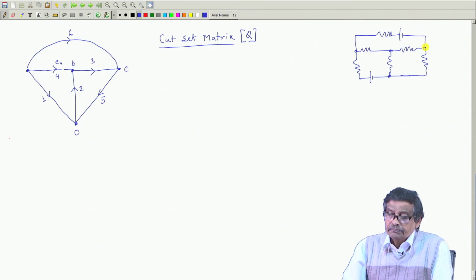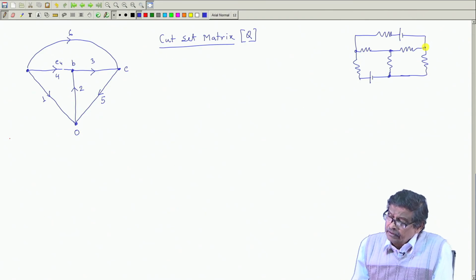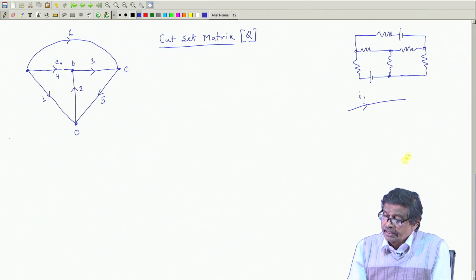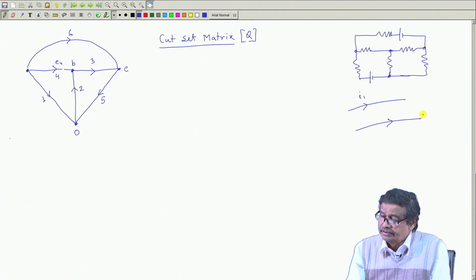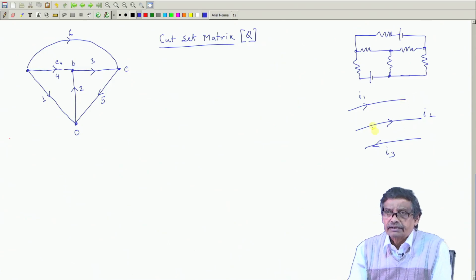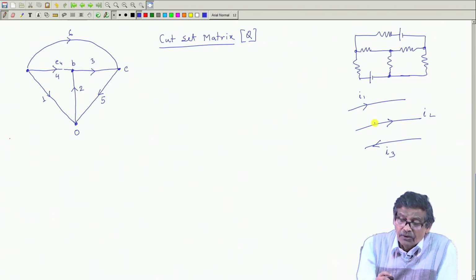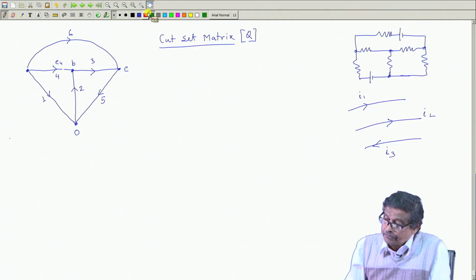What do I mean by this? For example, suppose there is a wire going like this, which is carrying a current I 1. There is another wire carrying a current I 2, and there is another wire carrying a current I 3. These are part of some network element currents, in some 3 branches. Now, this point is important.